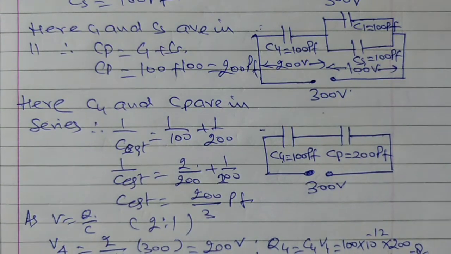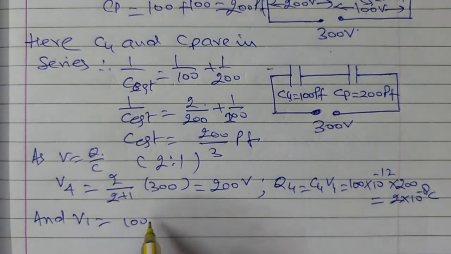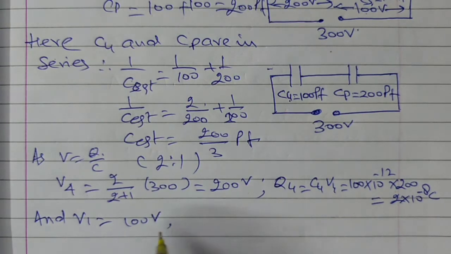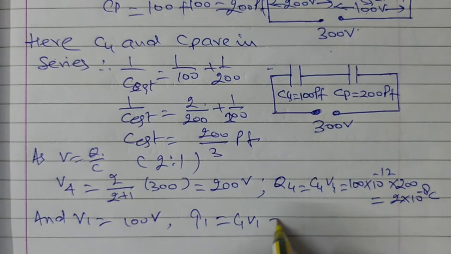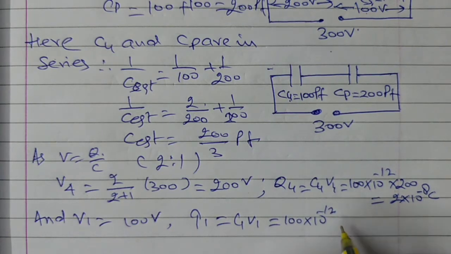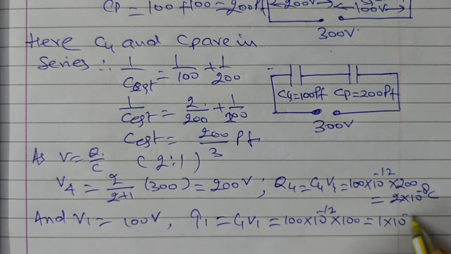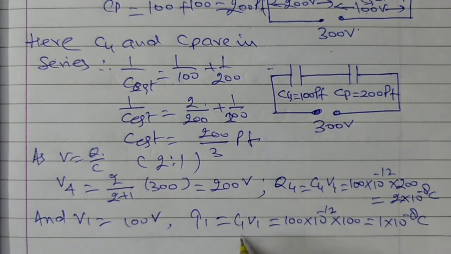Therefore, V1 is equal to 100 volt, and hence Q1 is equal to C1 V1. C1 is 100 picofarad and V1 is 100, and this is equal to 1 into 10 to the power minus 8 coulomb. So this is the charge on the capacitor C1.